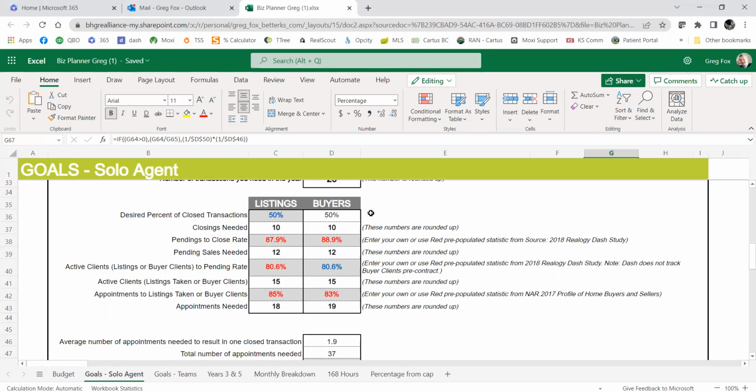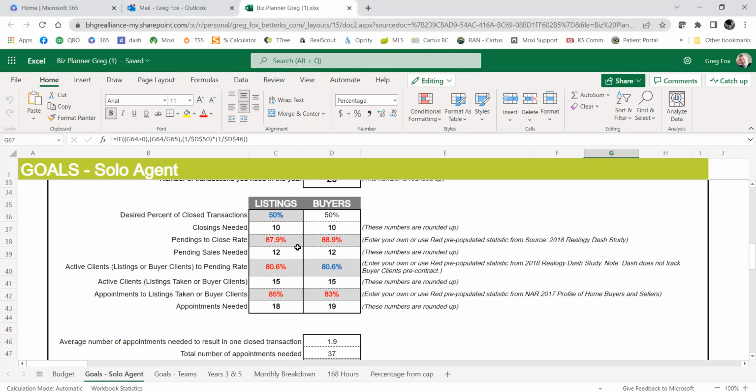So if I say 50-50, I need 10 closings each for listings and buyers. Now, according to national statistics, if I have 12 pending sales, 2 of them are going to fall out to get my 10. So the spreadsheet says, if you want 10, you have to have 12 pending.